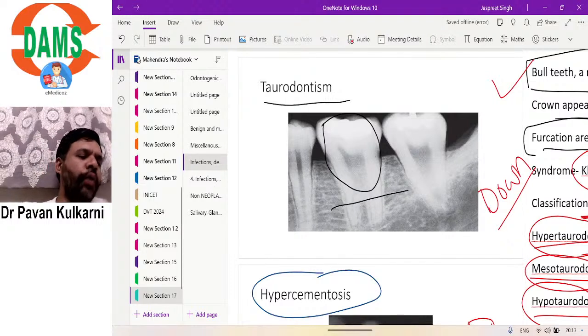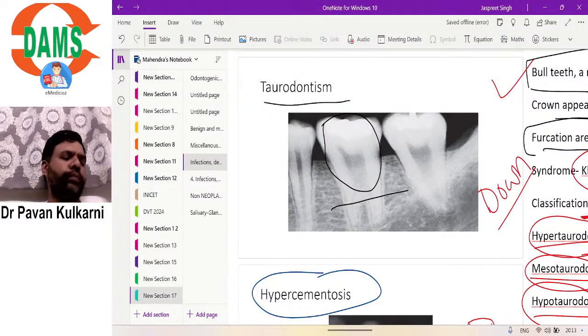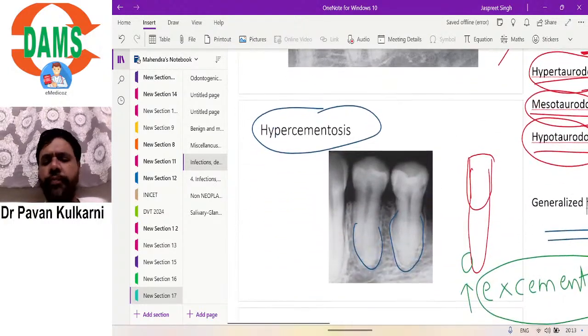The crown appears to be enlarged at the expense of the root. That is nothing but your Taurodontism. So Taurodontism is a radiographic term. What we are supposed to remember is it is a radiographic term.